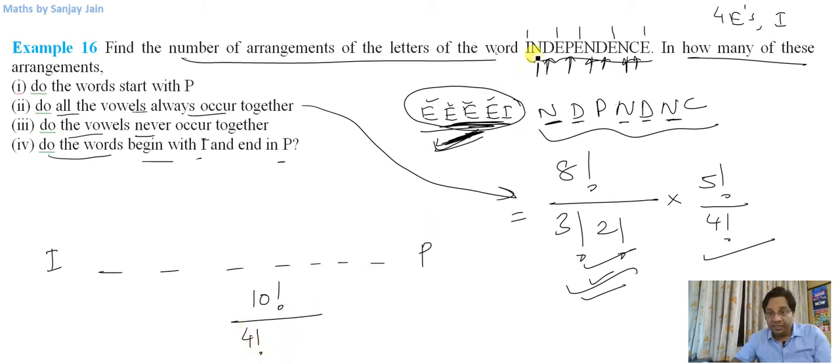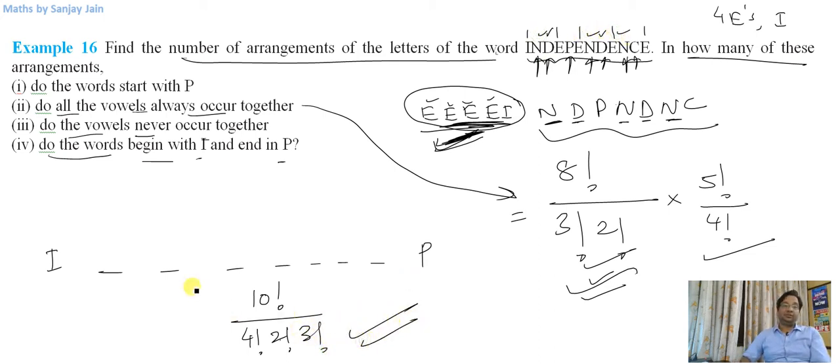How many D's? 1, 2. So 2 factorial. And what else? 3 N's. 1, 2, 3. So I'll divide it by 3 factorial. This is the total number of arrangements of the word when I have I at the first position and P at the last position. Okay.